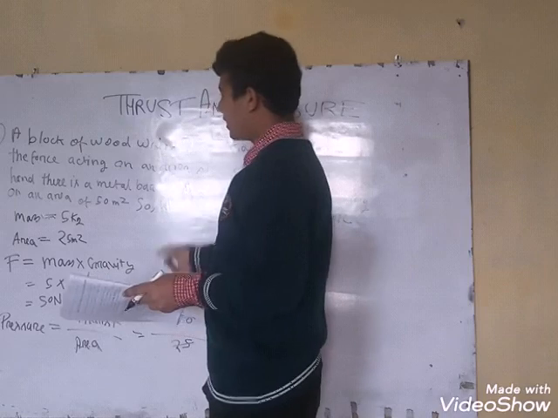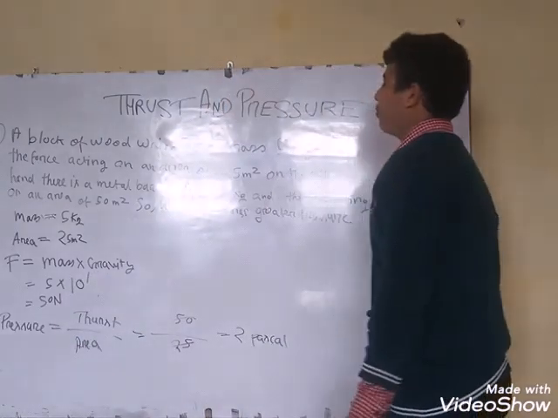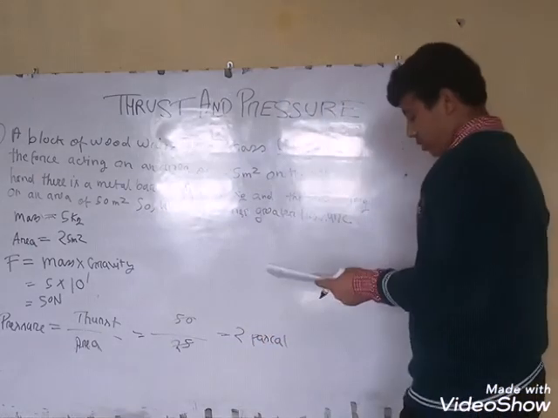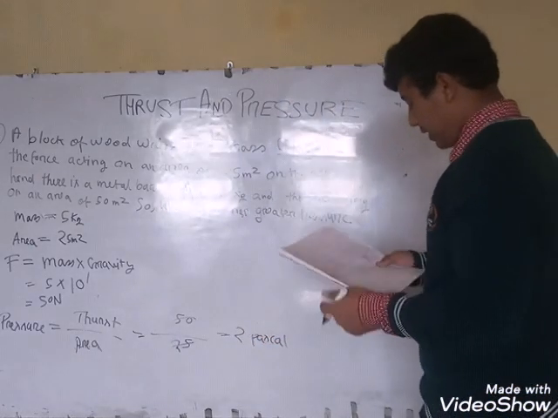So here the first object, which is the block of wood, has 2 Pascal on the surface of the table.